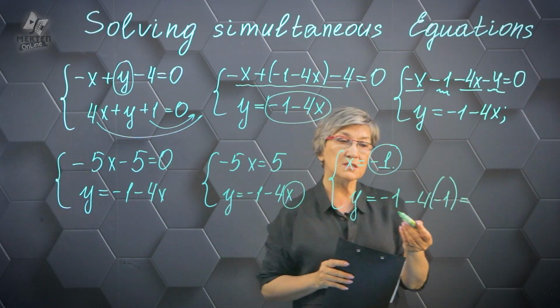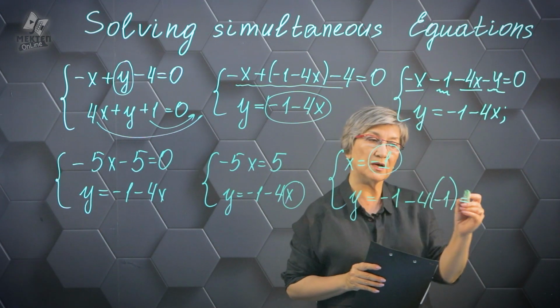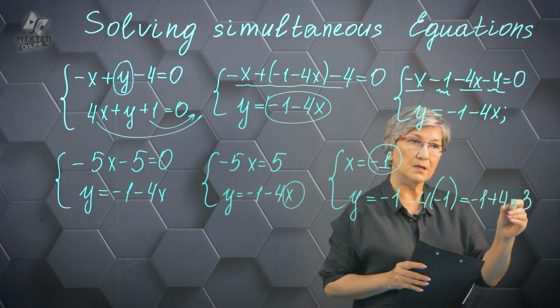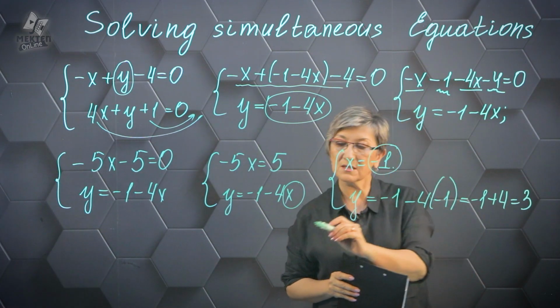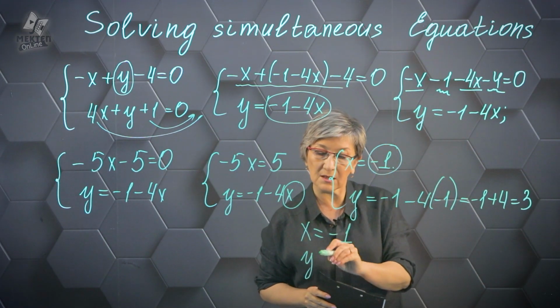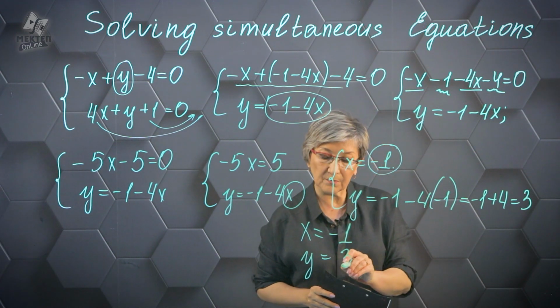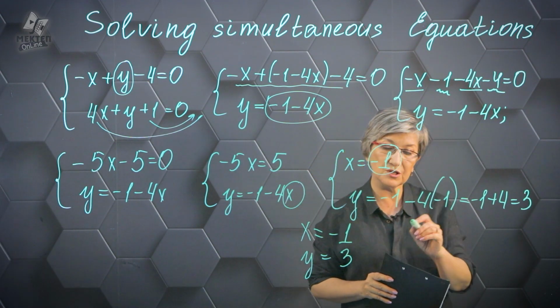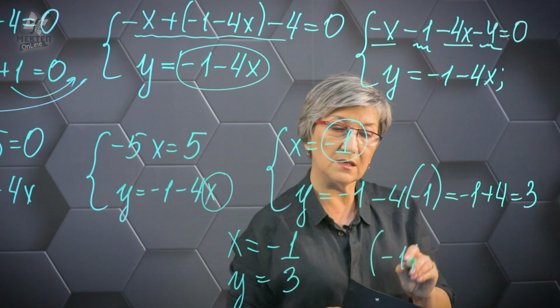Let's find the value of this expression. The value is minus 1 plus 4, and that is 3. So we've found the value of x, which is minus 1, and the value of y, which is 3. We can write this answer as a pair of numbers, minus 1 and 3.